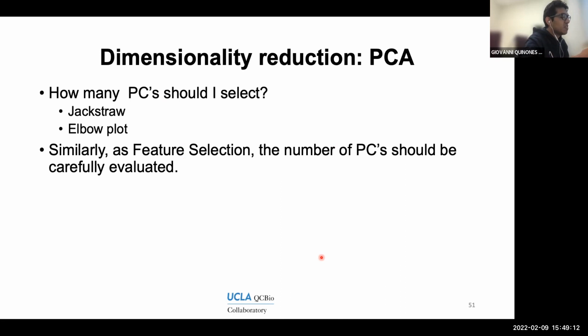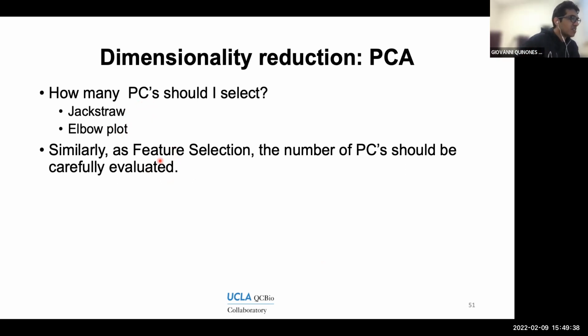So ideally, you want to select few PCs, so few dimensions, so that it's easy to work with, but not too few to the point that you introduce all these biases and limitations into your analysis. So we're going to look at two methods in order to select the best number of principal components.